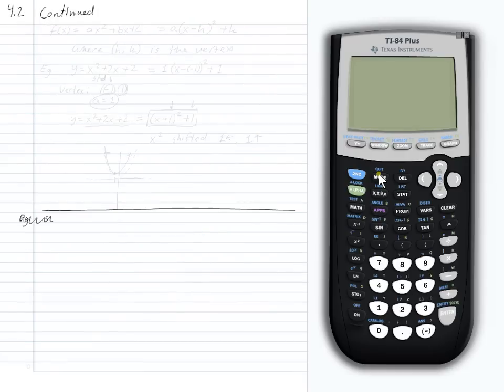So vertex form, if we have a function f of x equals ax squared plus bx plus c, we could write this as a times the quantity x minus h squared plus k, where h and k are the x and y coordinates, respectively, of the vertex.